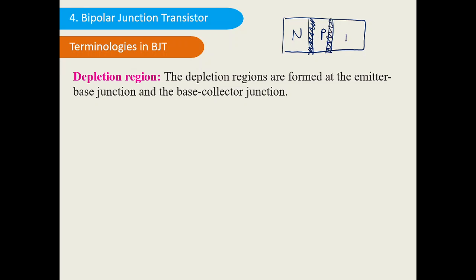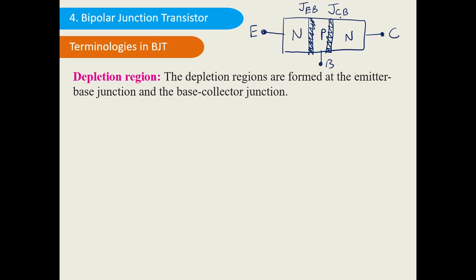So this is NPN transistor. This side is always to be considered as emitter. This side is always to be considered as collector. And this is the base in between emitter and collector. Okay. Now, how many junctions are formed? There are two junctions. So this is the emitter base junction, called junction JEB. And this is the collector base junction, JCB.